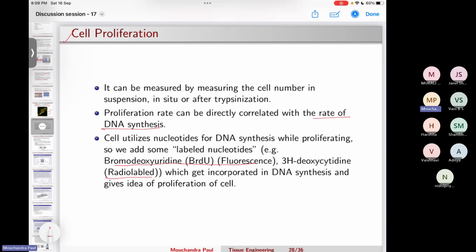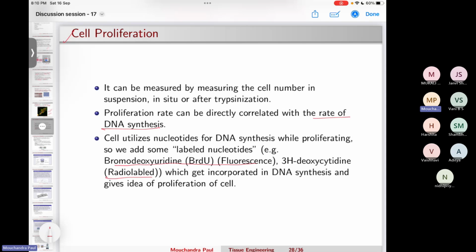As the cell is proliferating, we can check under a fluorescence microscope, or by using radioactive detection, and see how the DNA is getting passed on from one generation to the next.